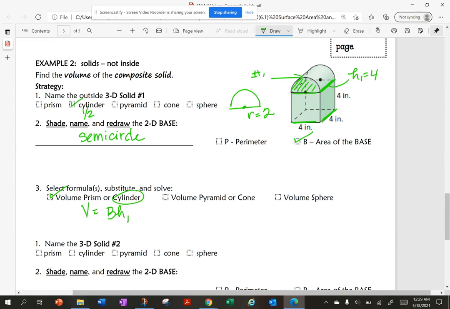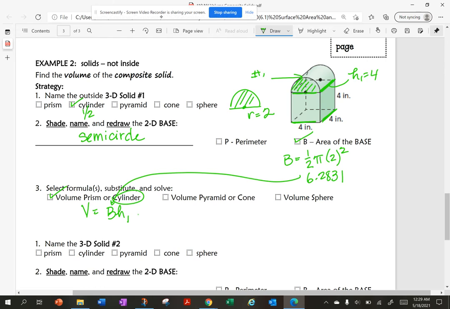And we're going to get the area of the base. The area of a circle is pi r squared, but I only have a half of a circle, so I'm going to multiply that times half times pi, and my radius is 2 squared. So this is 6.2831.